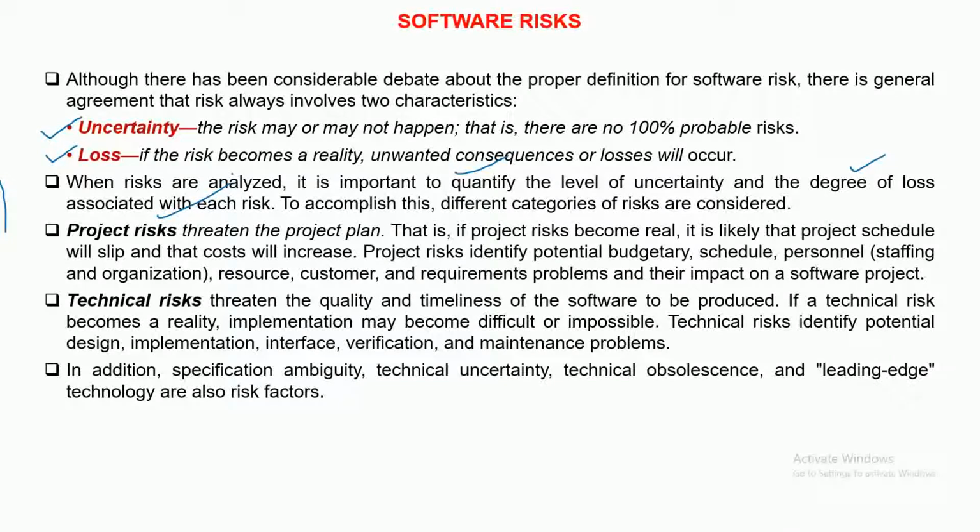Now, risk is classified into various categories. Now, the first category is, say, project risk associated with the project. If this kind of a risk becomes reality, then your entire project planning gets disturbed.